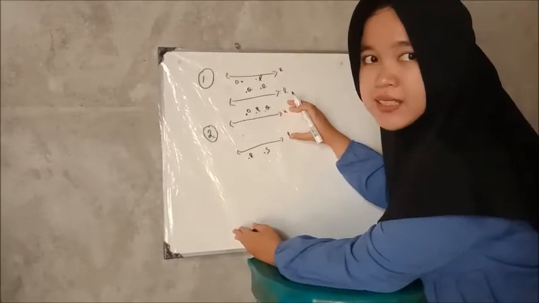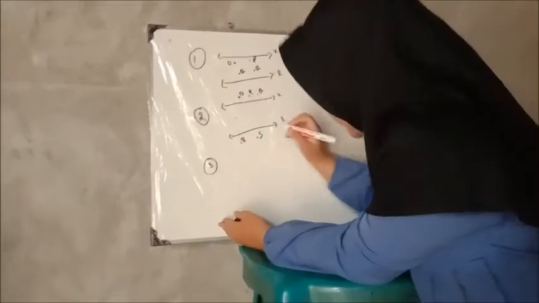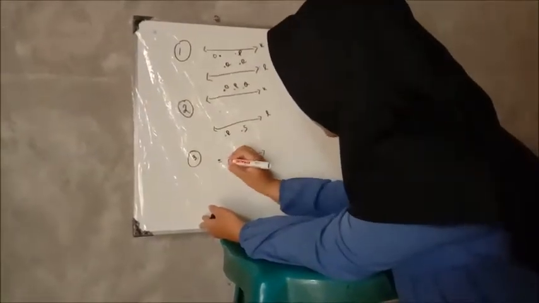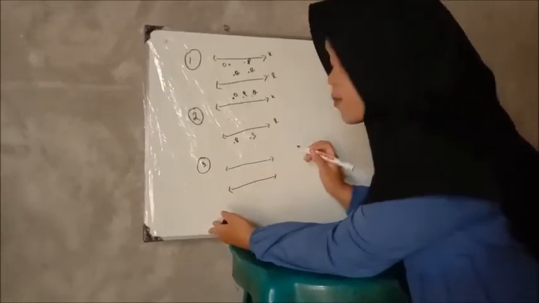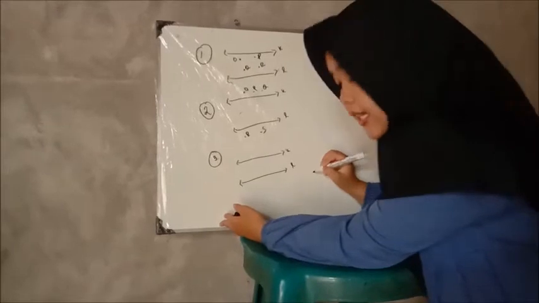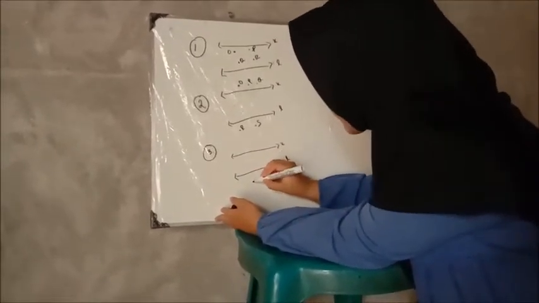So the third information is, if I have parallel lines, suppose that the parallel lines are K and L. Okay, then I have a transversal line.